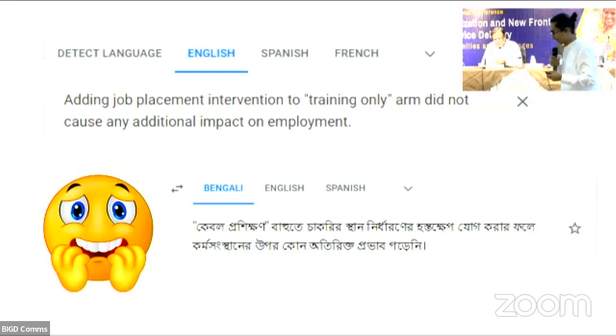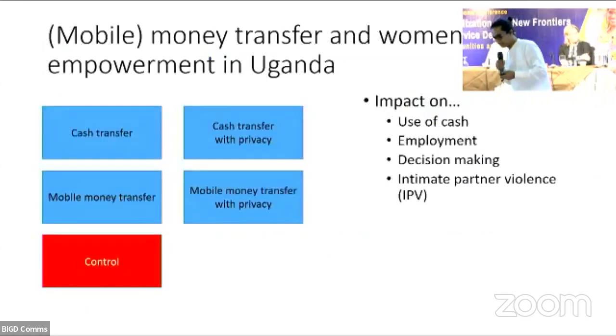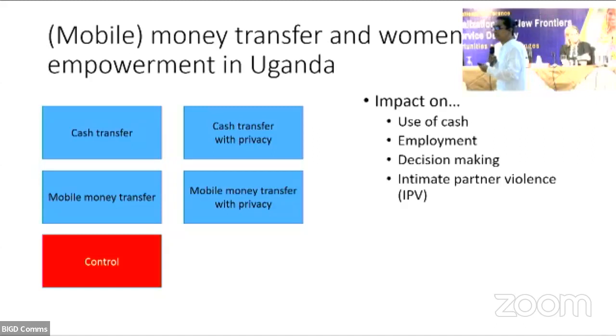With that preamble, let me say where I'm trying to use NLP. It's a study on cash transfer in Uganda, and we have 4 treatment arms for interventions. We have cash transfer, mobile money, and in some of the cases, we tell their husbands that their wife or partner has got the money.